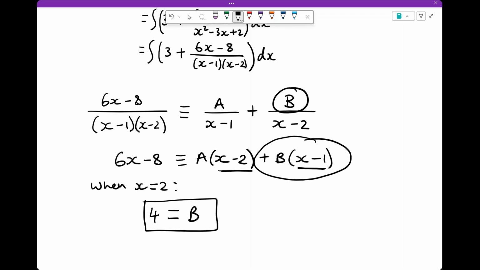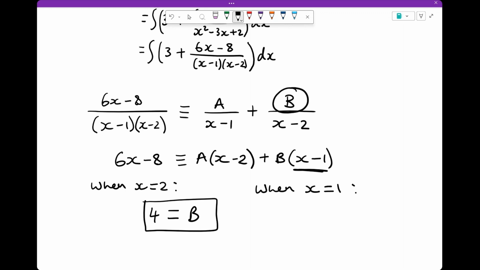Now let's consider what is going to make my second bracket equal to 0. So that would be when x is equal to 1. So let's substitute 1 into both sides of my identity. So if I do it on the left-hand side, we get 6 times 1, which is 6, subtract 8, which is negative 2.